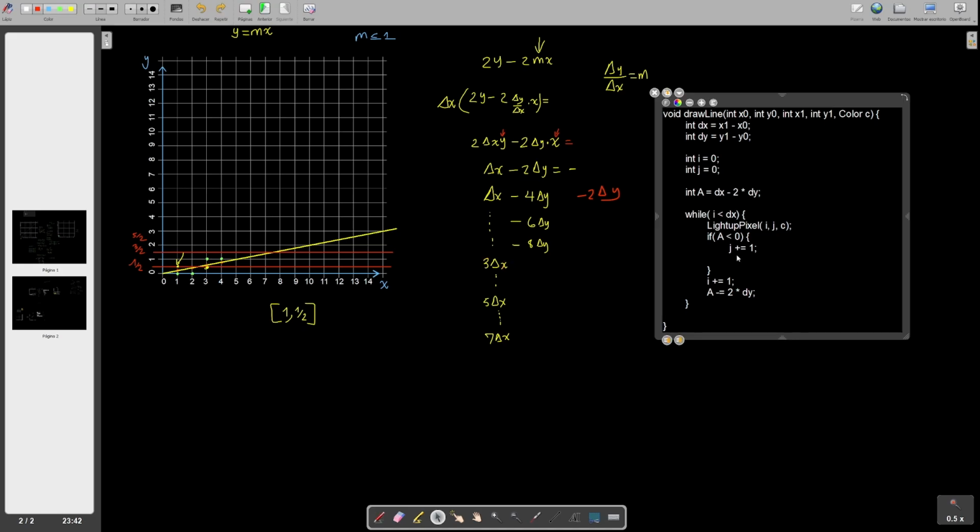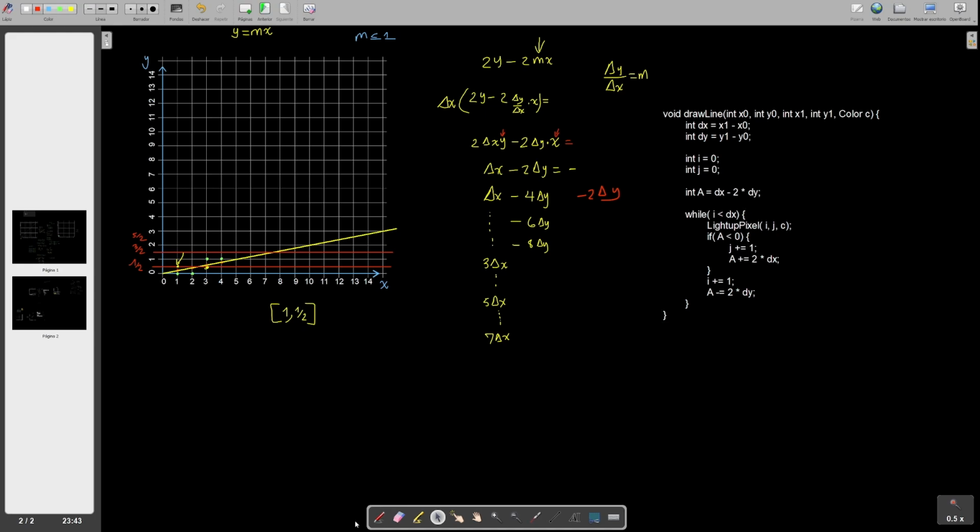So if y is increased, then a is going to be increased by twice dx. And here, guys, you have the Bresenham's algorithm implementation, but for a line that starts at the origin.